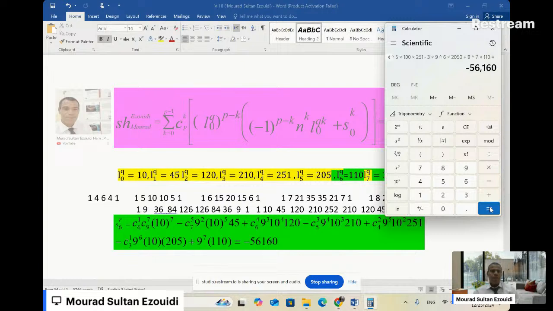So this one, my kids, in fact, is equal to negative 56,160. You see this one?